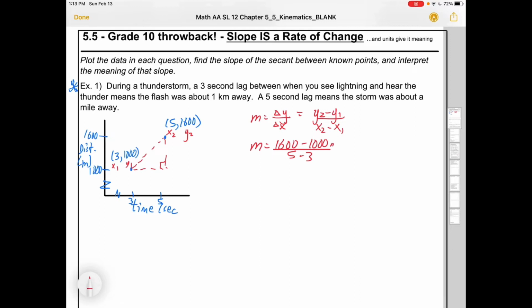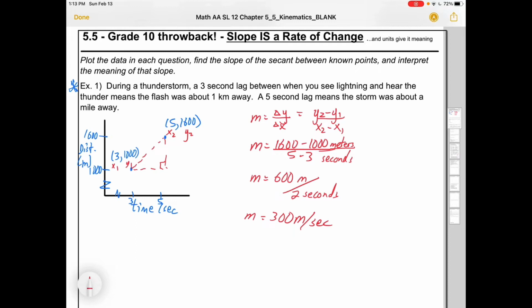But if we put down that this is meters and this is seconds, then all of a sudden we can give some meaning to this. So it means 600 meters per 2 seconds, or the slope is 300 meters per second.